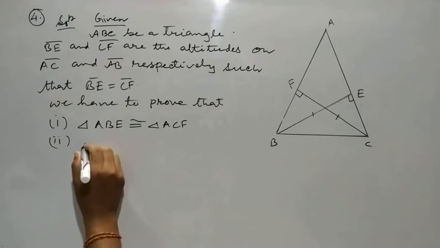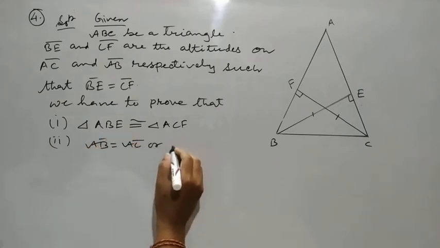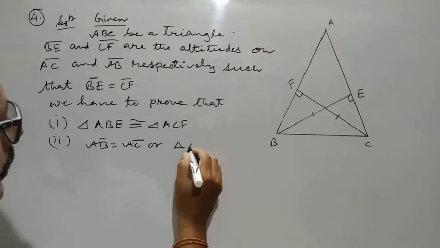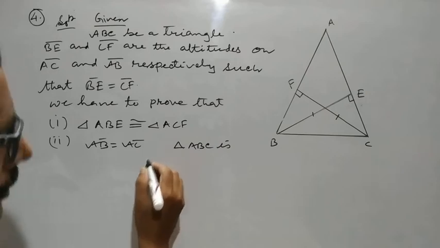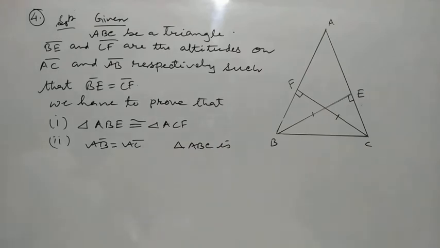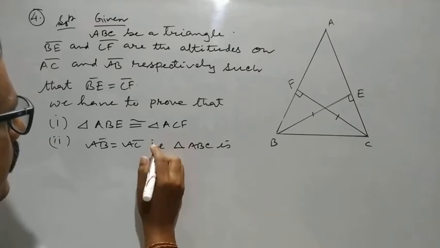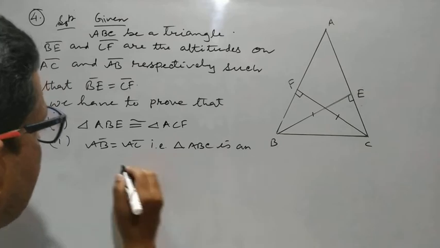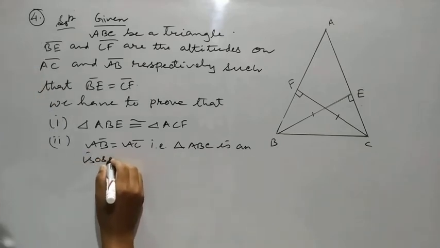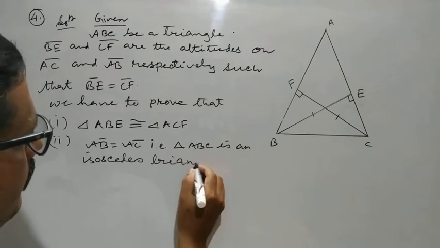Number 2, AB equal to AC, that is triangle ABC is an isosceles triangle.